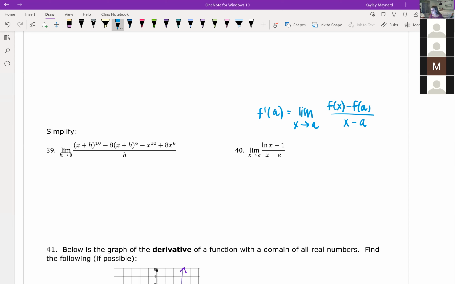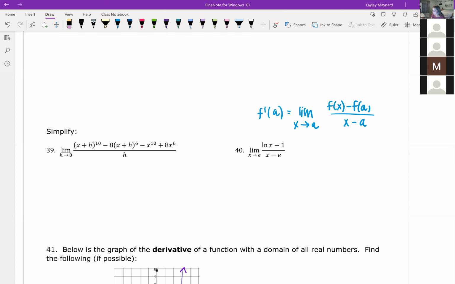And then in the numerator, we should have f of x minus f of a. If f of x is ln of x, ideally we should have minus ln of e, and ln of e is 1. So sure enough, we have a limit that exactly matches the limit definition of the derivative.